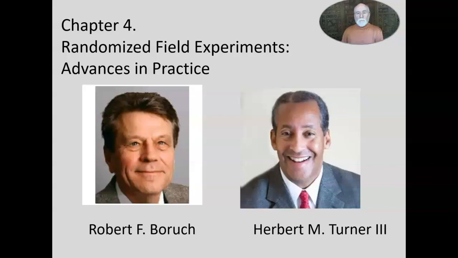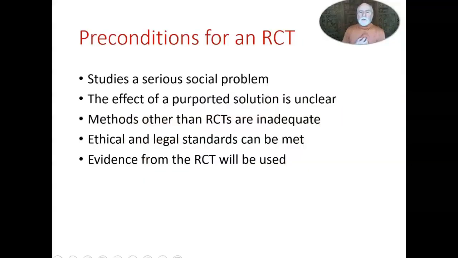And what they say is that for a preconditions of an RCT, randomized controlled trial, is that it studies a serious social problem, the effect of a purported solution is unclear, methods other than RCTs are inadequate, ethical and legal standards can be met, and evidence from the RCT will be used. Studying a serious social problem has valuing dimensions to it.